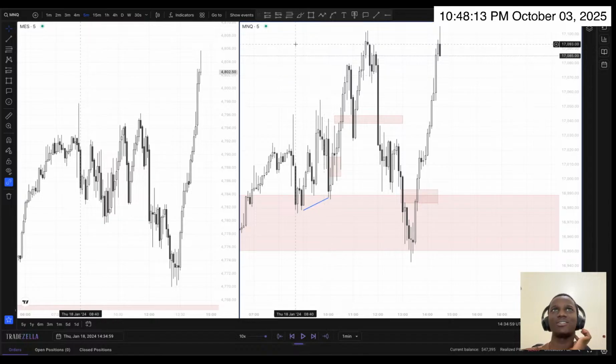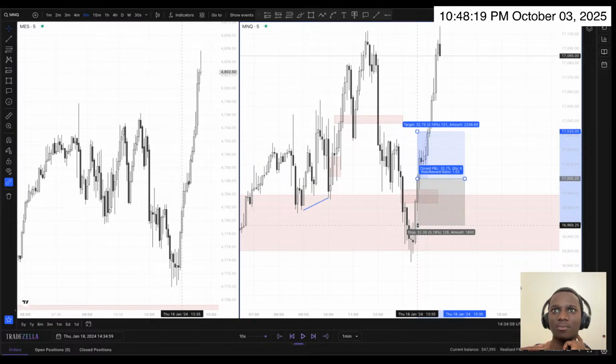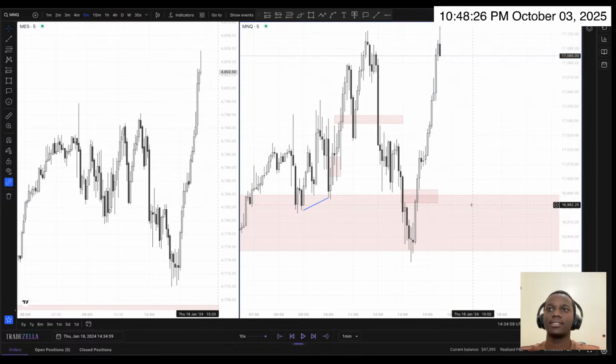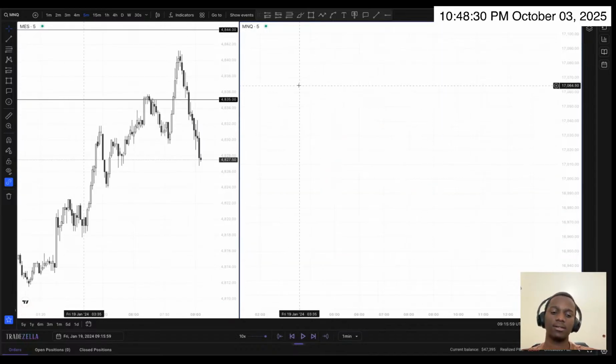Oh, look at this beautiful delivery in the PM session. I mean, if you enter at this closure above here, with a stop maybe around there, and you target here, 3R. Impressive. So go to the next day.